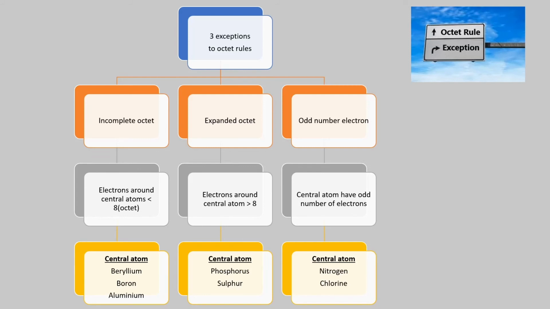Okay, this is the exception rules. So, kita ada a few atoms yang bila kita buat Lewis structure, kita takkan dapat octet dekat tengah-tengah. Terminal always dapat octet. Terminal takkan tak dapat octet. Ataupun duplet. Terminal yang keliling kan. Ni kita hanya cerita pasal central atoms only.